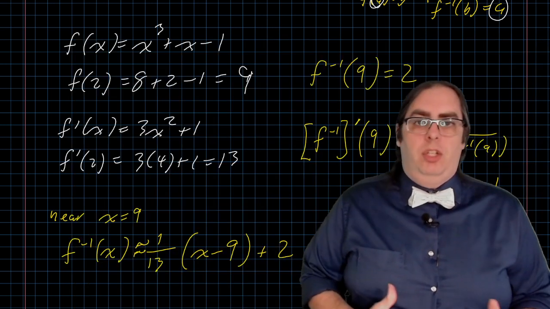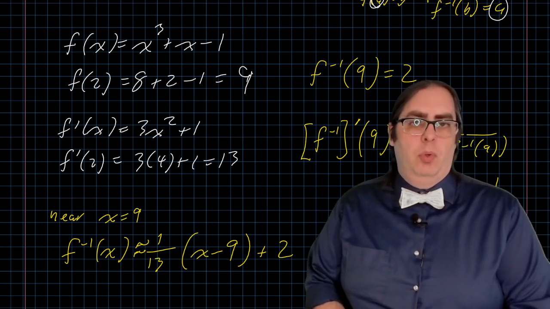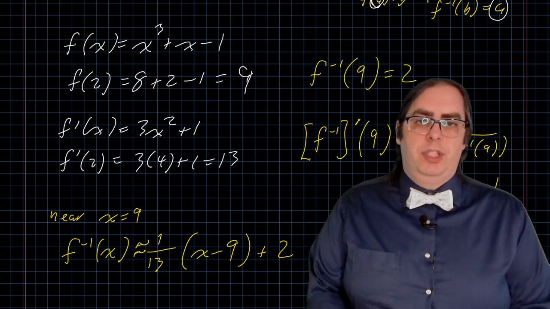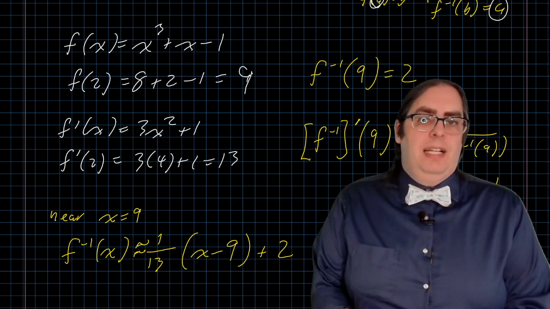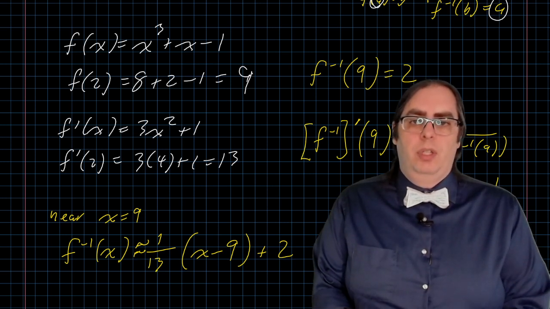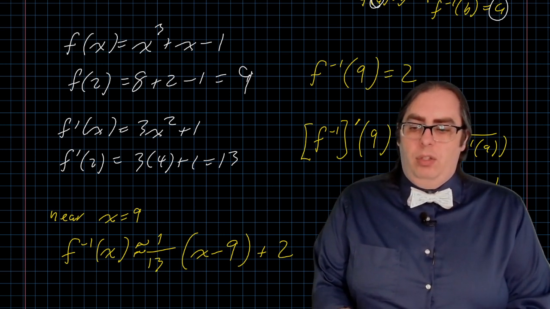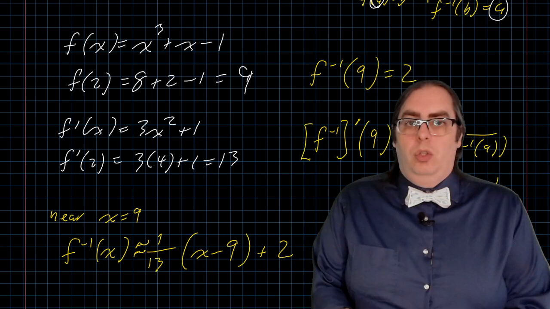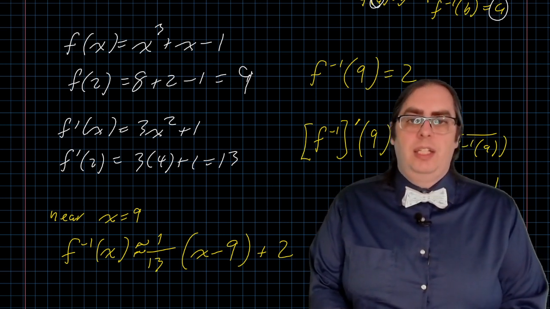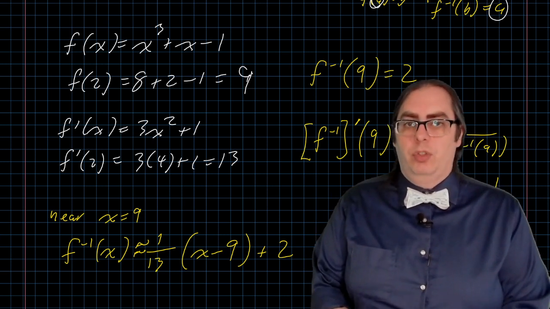This is a great way to go from an approximation in a graph to something a little bit more analytic. Right? If you are able to graph the original function, you might be able to find a nice integer that's kind of near where you're trying to evaluate. You plug that integer in, you see what happens, and then you go from there. You can use that to find the derivative. You can use the derivative to write the equation of the tangent line. You can use the tangent line to approximate the value of the inverse function a little bit closer.